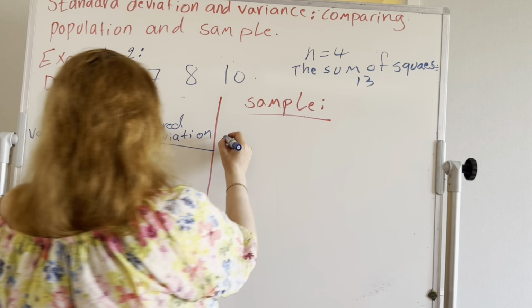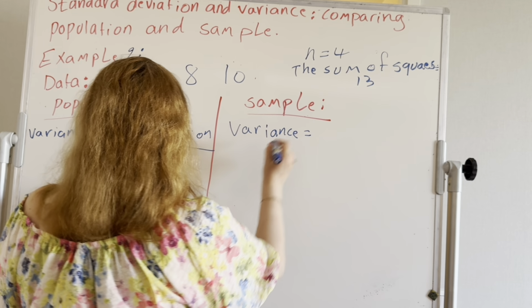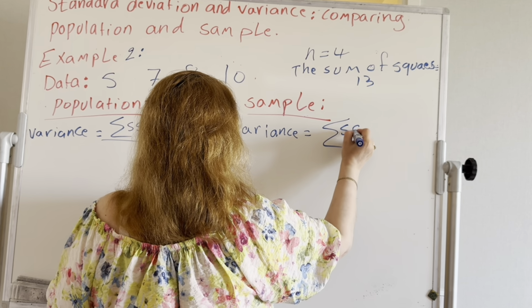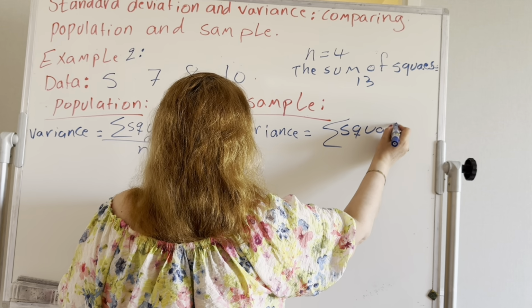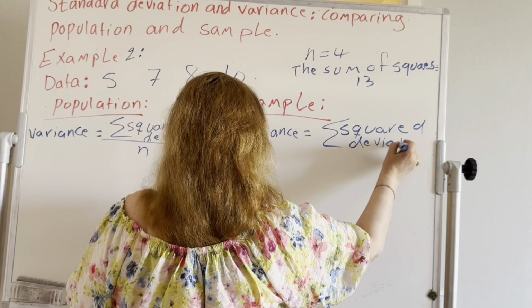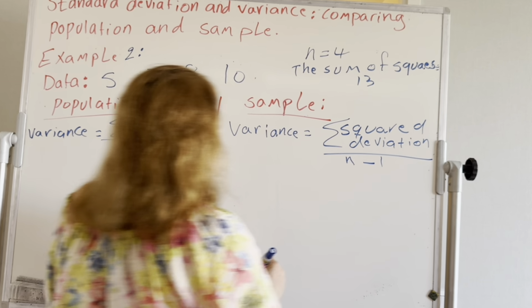When it's sample, variance equals the sum of squared deviations divided by n minus 1.